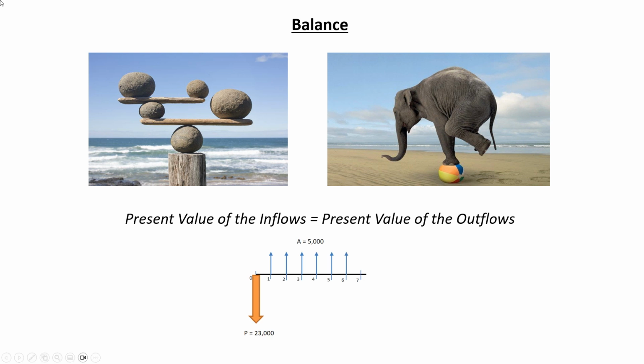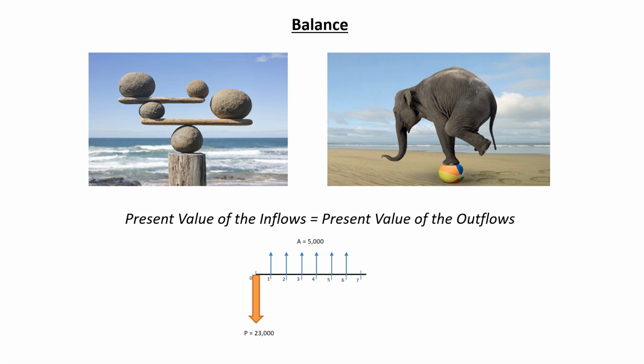So just as an illustration, there is some interest rate in which a $5,000 annual series for 6 years is equal to $23,000 at the present. Now if you just multiply 6 times 5,000, that's 30,000.